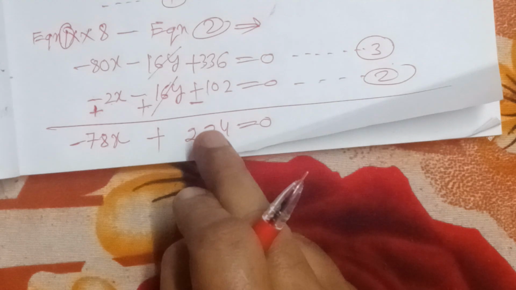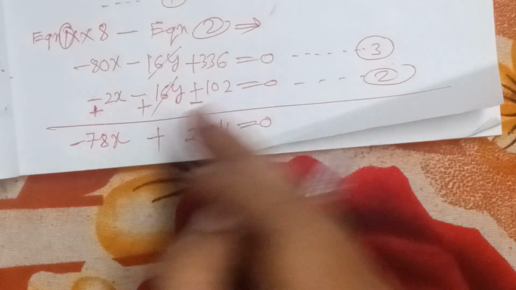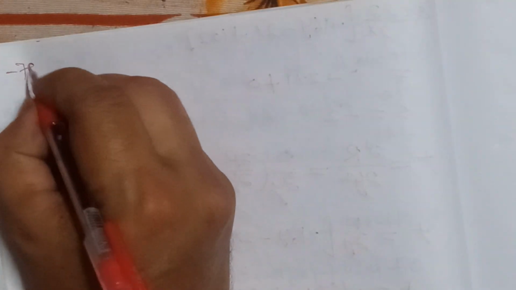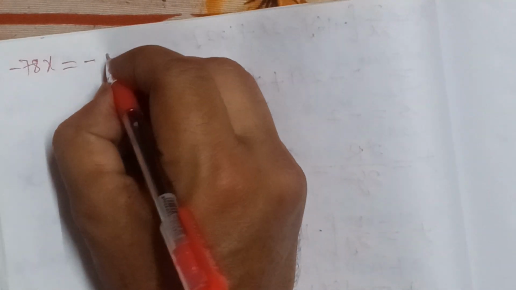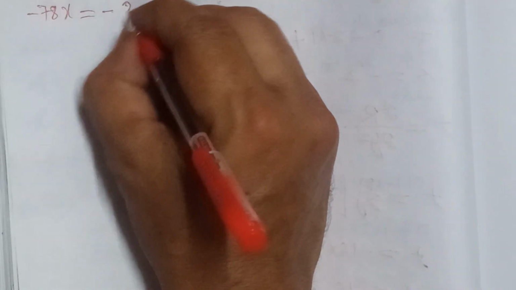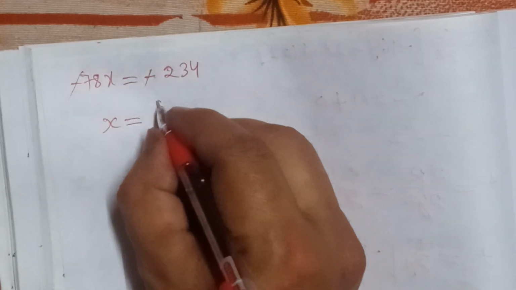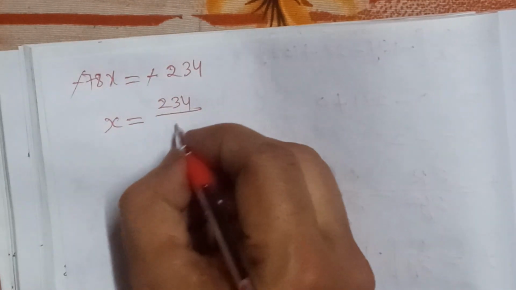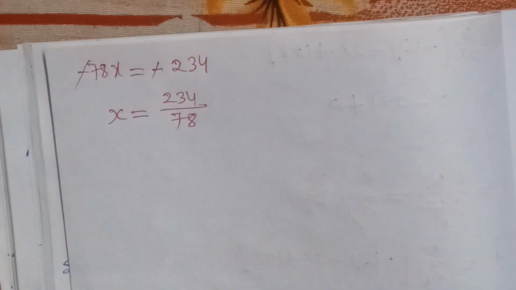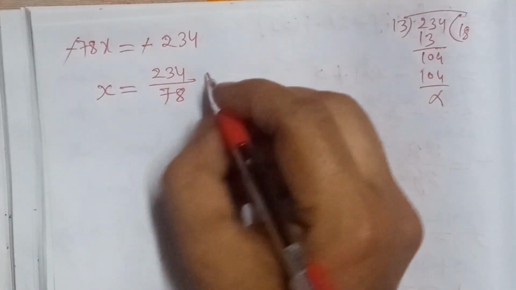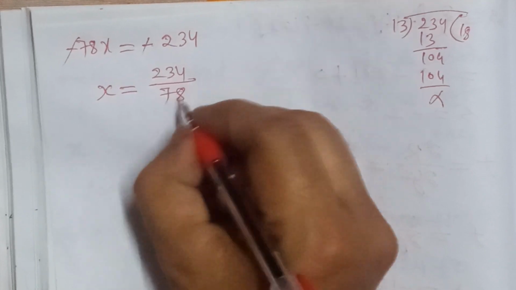On transposing this term to the right, we get minus 78x is equal to minus 234. Minus cancels out from both sides. We can find the value of x by dividing 234 by 78, and on dividing by 13 we get 3.